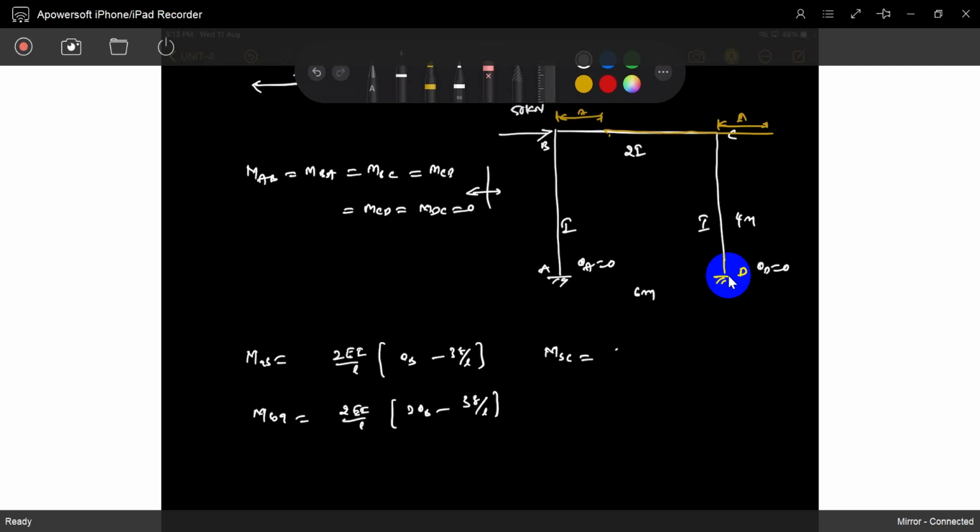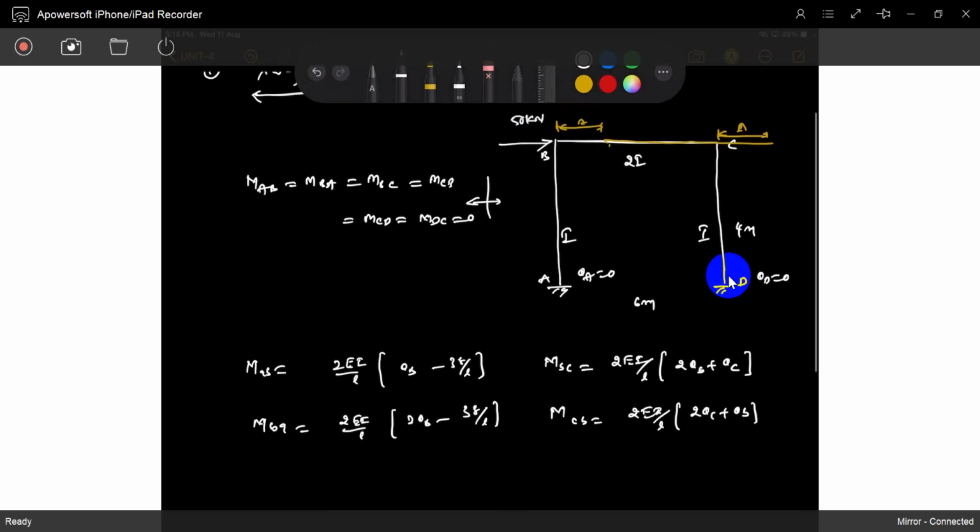MBC, you can write 2EI by L, 2 theta B plus theta C. There is no translational displacement, it's just rotating. MCB: 2EI by L, 2 theta C plus theta B. And also see, it's a 2I, so you can write it.